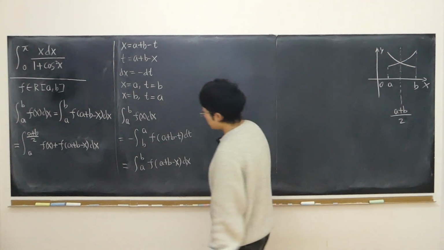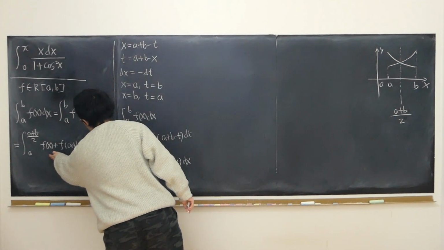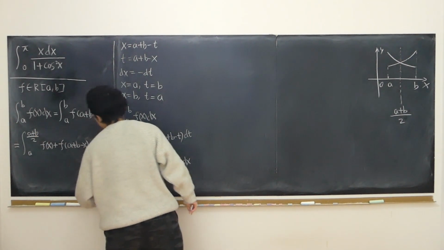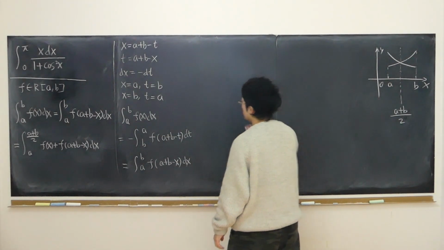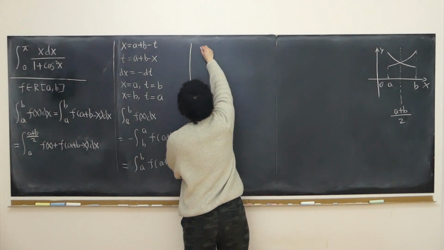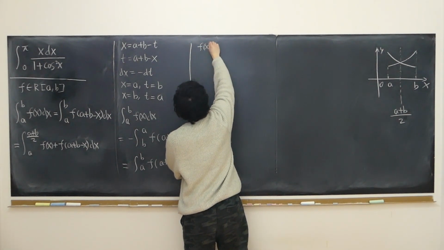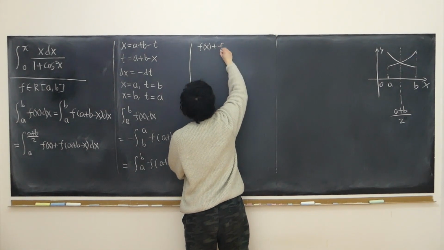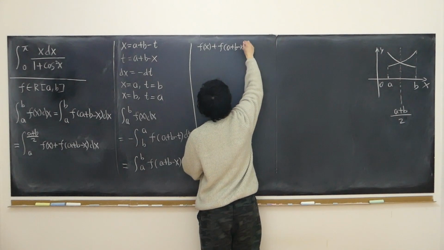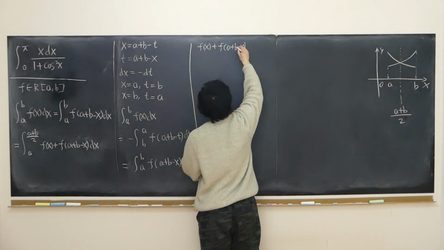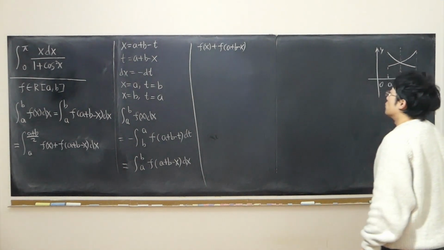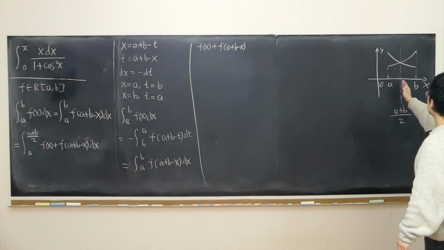Now, the second identity, this, right? So our original integral can be written into this. The reason is because it's also easy to verify that f of x plus f of a plus b minus x, this function as a whole is in fact symmetrical also according to this line.